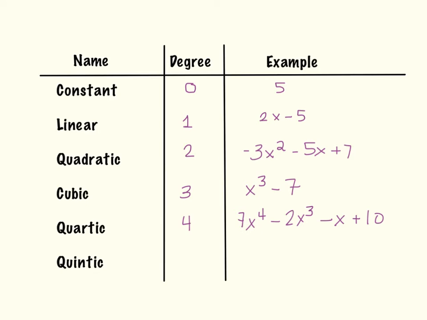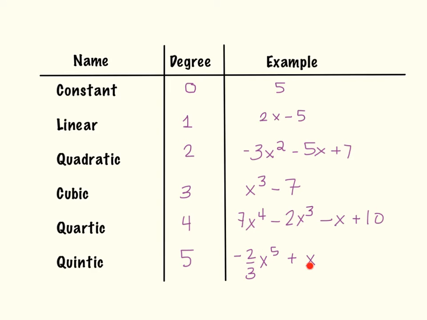And the last, obviously, would be quintic. I don't say quintic, it's quintic. And that would be something to the 5th. So negative 2/3 x to the 5th plus x would be an example of a quintic. Again, this would be a monomial, a binomial, a trinomial, a binomial.